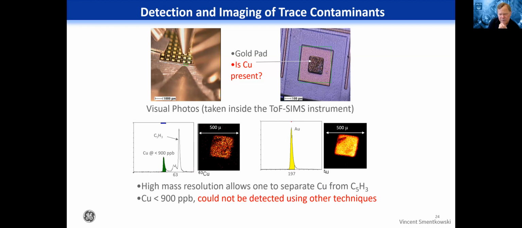So it's a nice example of when you would start with this technique to answer whether something is present in low amounts. The other advantage of SIMS, since we collect the full mass spectrum at every volume element, is that oftentimes we find unexpected surprises.